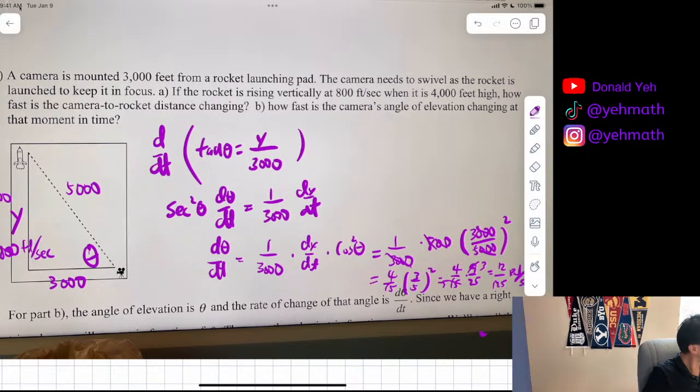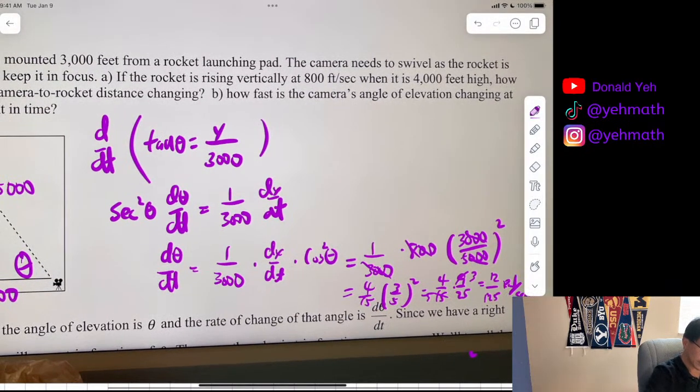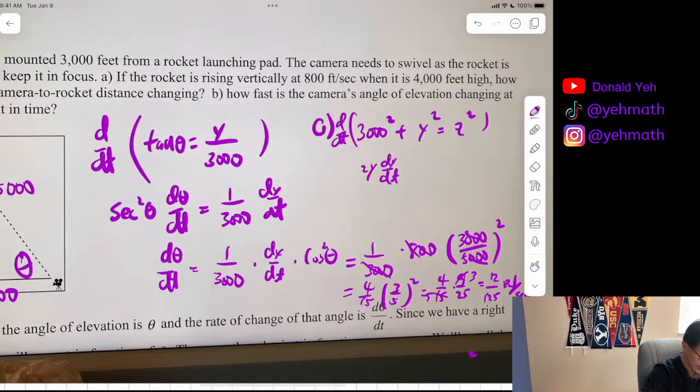Okay, then I'm gonna go over part A. It'll be 3000 squared plus y squared equals z squared. So if you take a derivative with respect to time, it's gonna be 2y dy dt plus 2z dz dt.